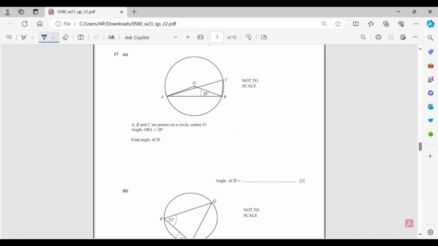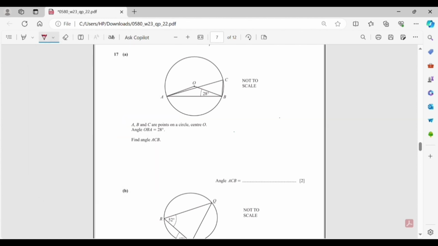Question number 17, A part. A, B, C are points on a circle with center O. Angle OBA is 28 degrees. Find the angle ACB. Now in this question we have to find ACB. Let me change the color of this pen first.